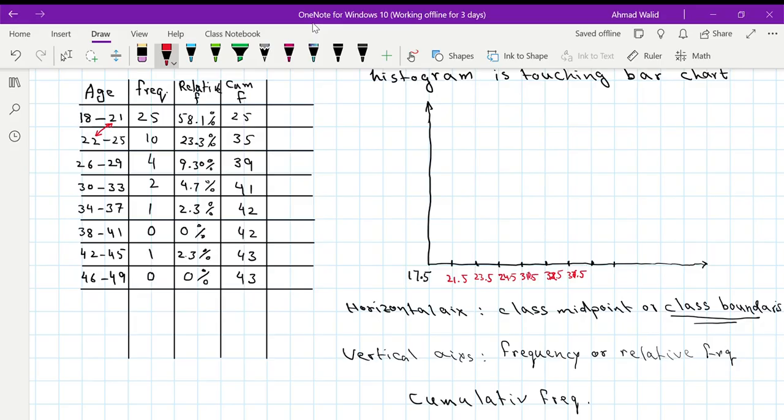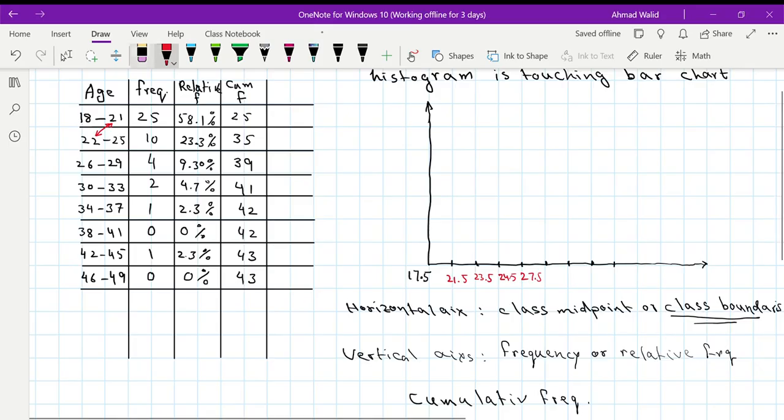And next one, 41.5. Did I make a mistake? It should be 37. Why? These numbers are wrong. 24.5, between 25 and 26. Between 29 and 30, this one will be 27.5, right? The next one, between 33 and 34. Between 29 and 30, oh, something is wrong.